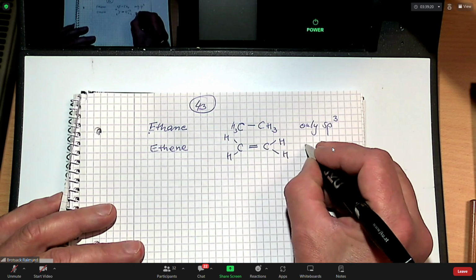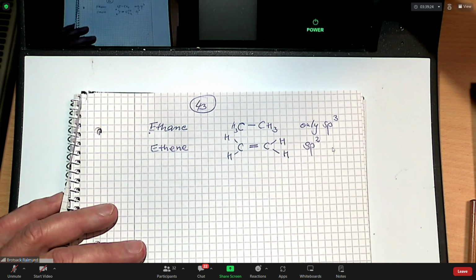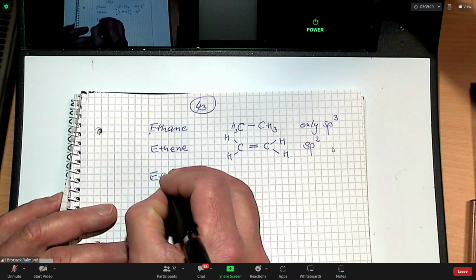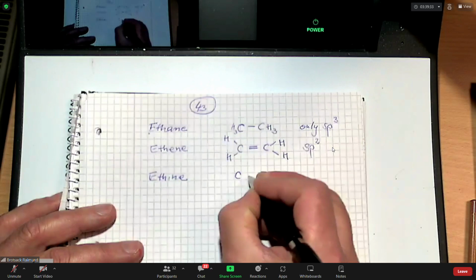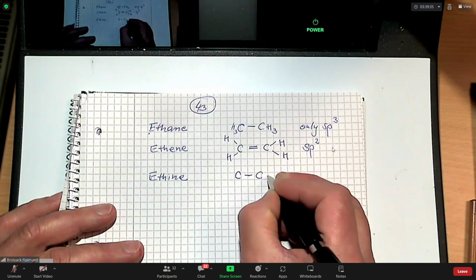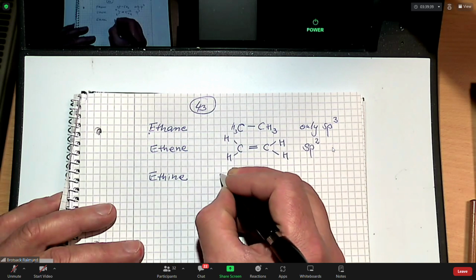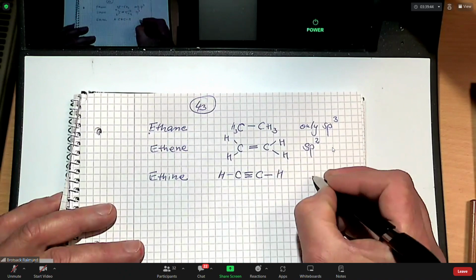And ethyne: then we have a triple bond, which leads to a linear structure, because now we have an sp hybridization.